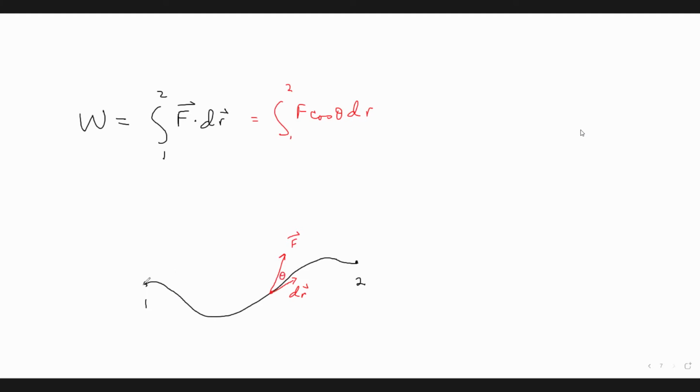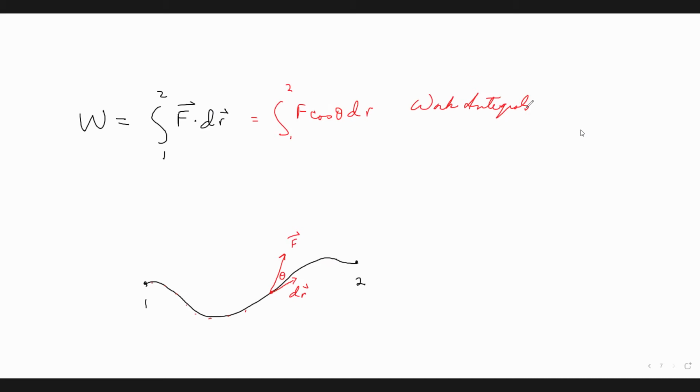And you repeat this for every point along this line and add up all of these terms, F cosine theta, over the path. Okay, not always as easy to evaluate as an ordinary integral. This is called a path integral. Integrals that have this form are called work integrals. And you will see work integrals in electromagnetism all the time.